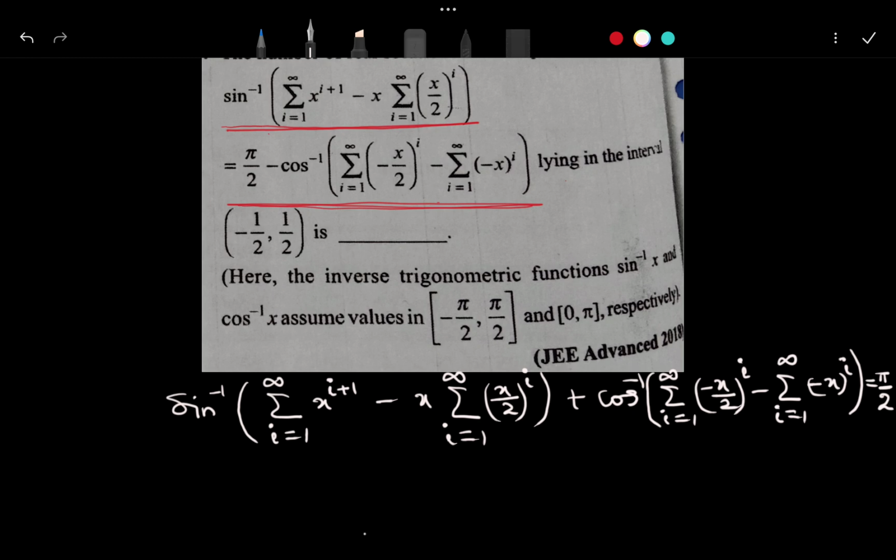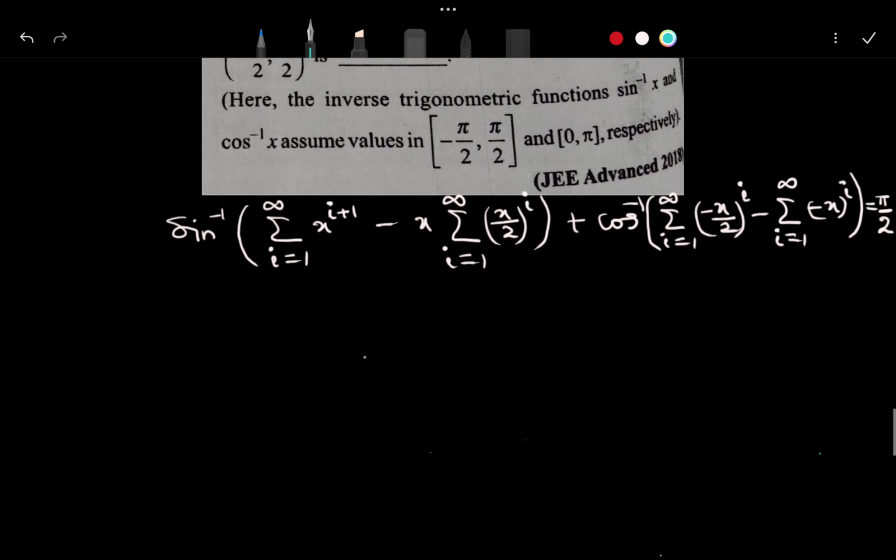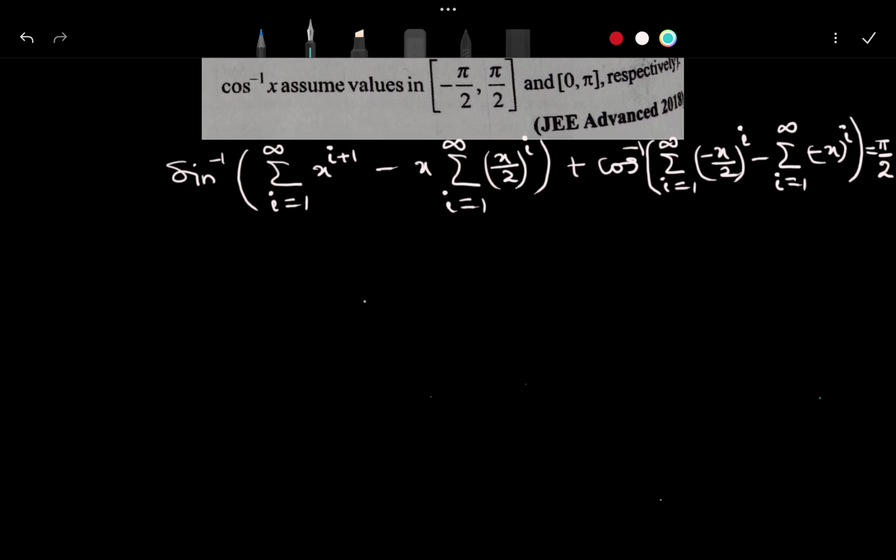According to the formula, you know what that formula is? I already told you in previous videos. Sine inverse x plus cos inverse x is equal to pi by 2.